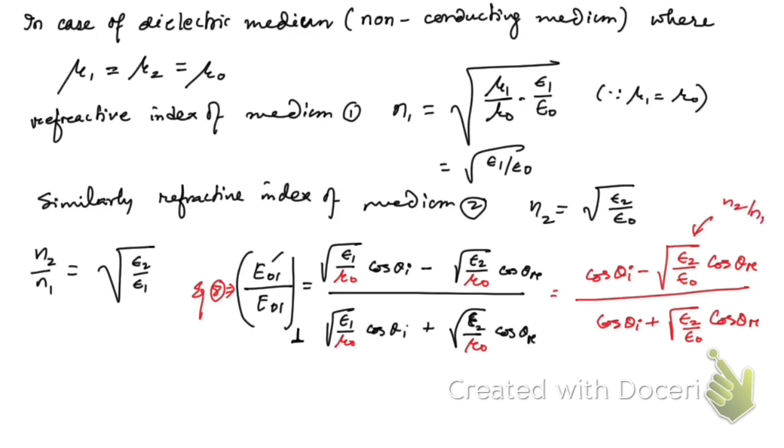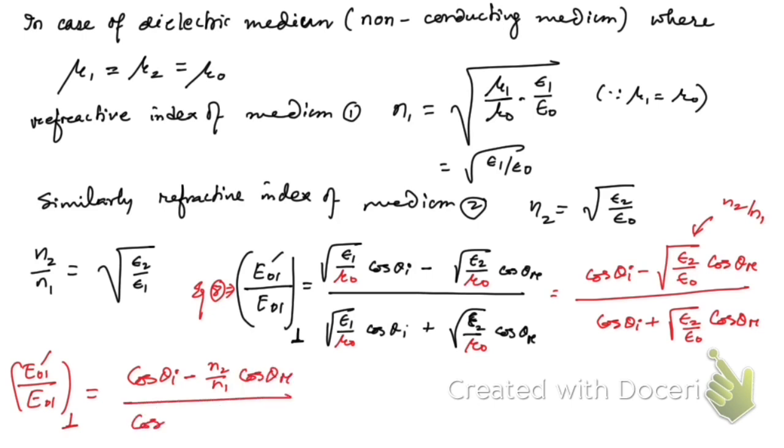If we do so, then E naught 1 dash by E naught 1 is gonna be equal to cos theta I minus n2 by n1 cos theta r, and cos theta I plus n2 by n1 cos theta r.